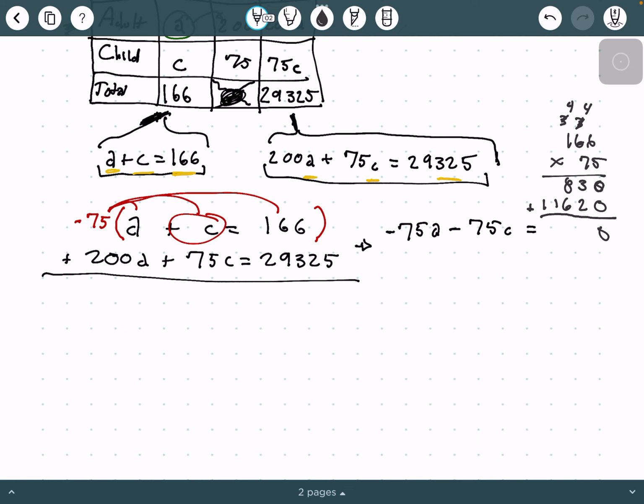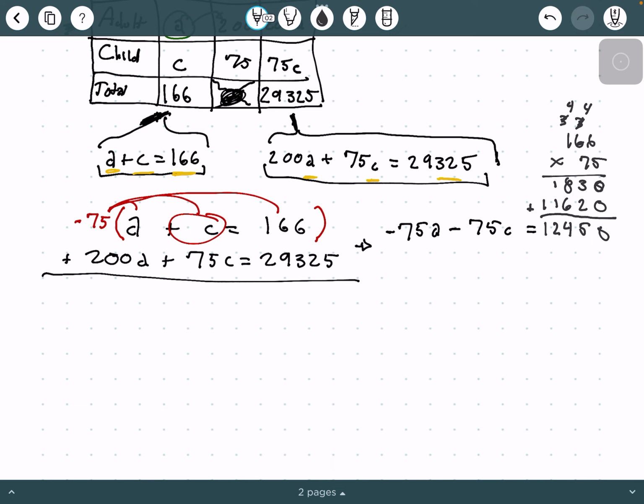Adding these together, 3 plus 2 is 5. 8 plus 6 is 14, and then 1 plus 1 is 2, and then 1 plus 1. So we get 1, 2, 4, 5, 0 as our number here, and that's the multiplication we have, 12,450.